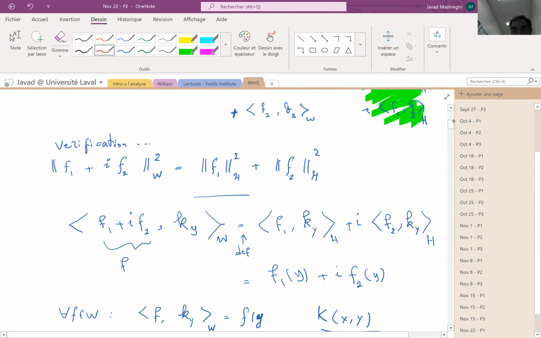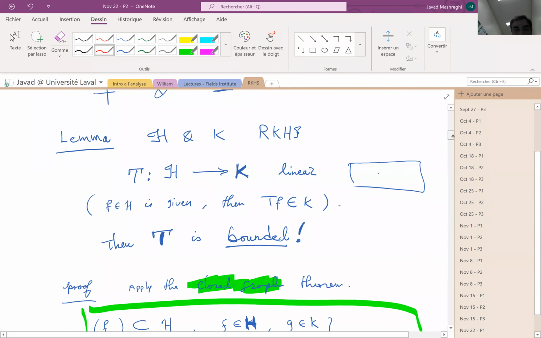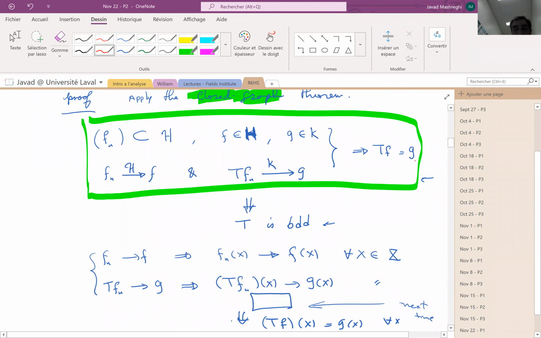I failed to prove the lemma because, was it on this or on the other one? Here it is. I have to show this. True. Right. But I couldn't.